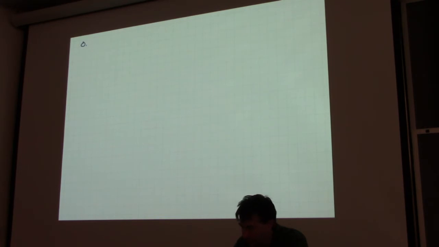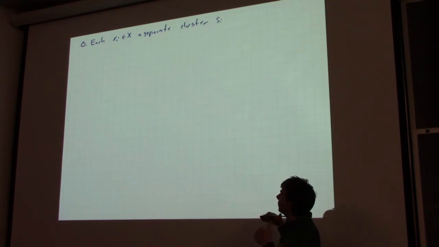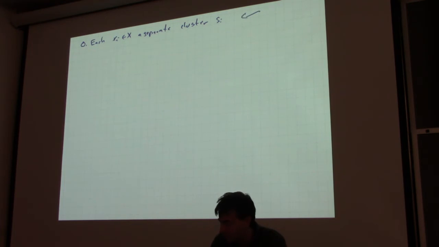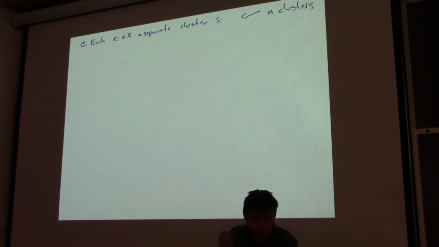So step 0 would say each xi in X is a separate cluster Si. So at the start, my initialization, step 0, I'm going to have n clusters, okay?